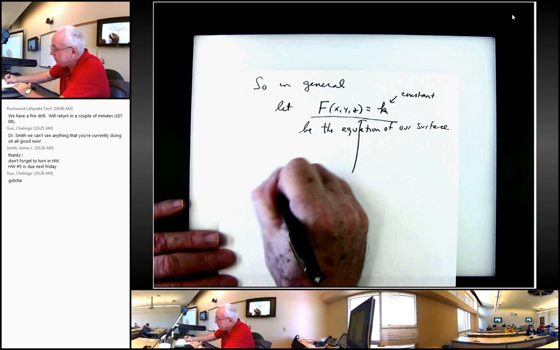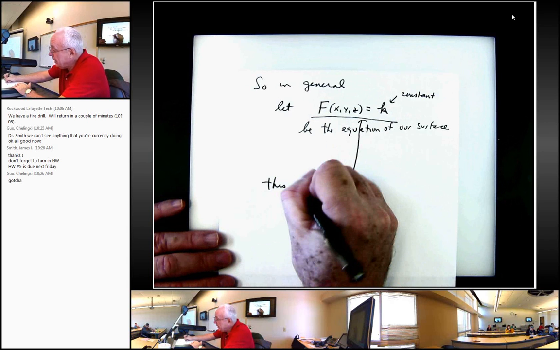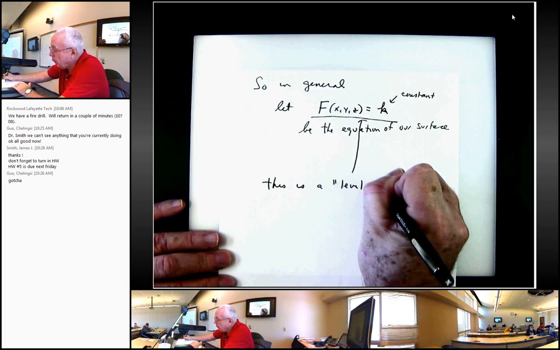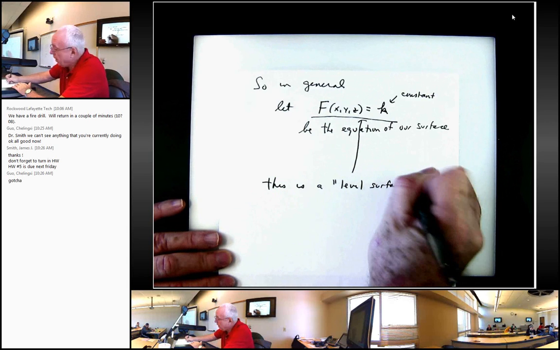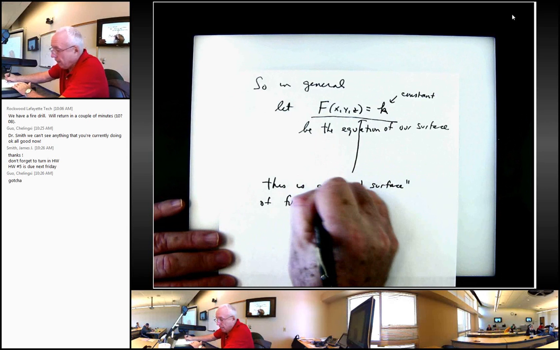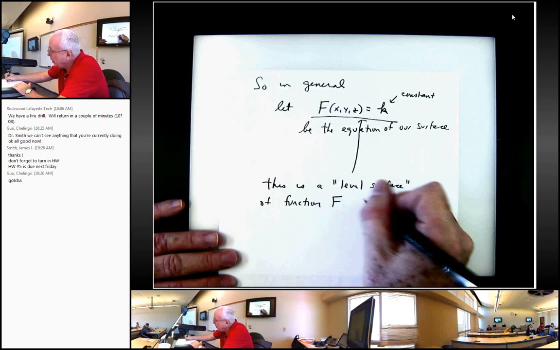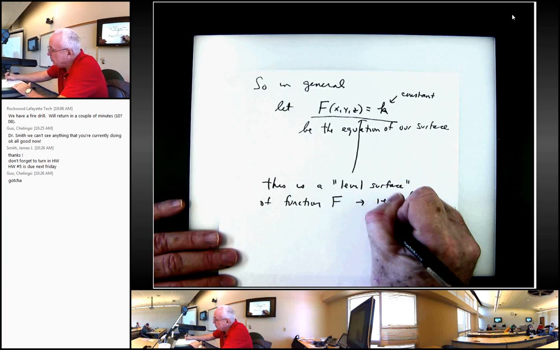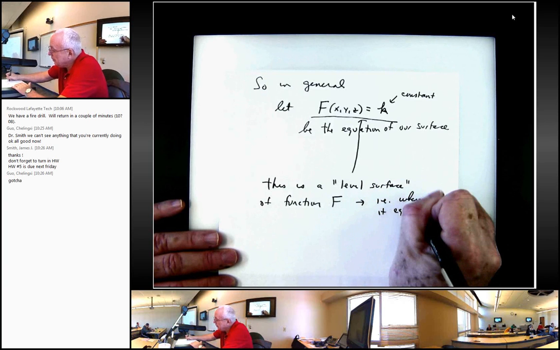So this is a quote-unquote level surface of our function capital F, i.e. where it equals the constant k.